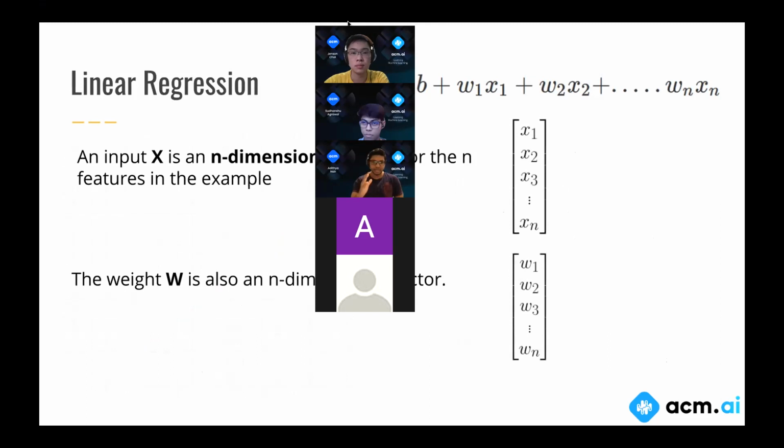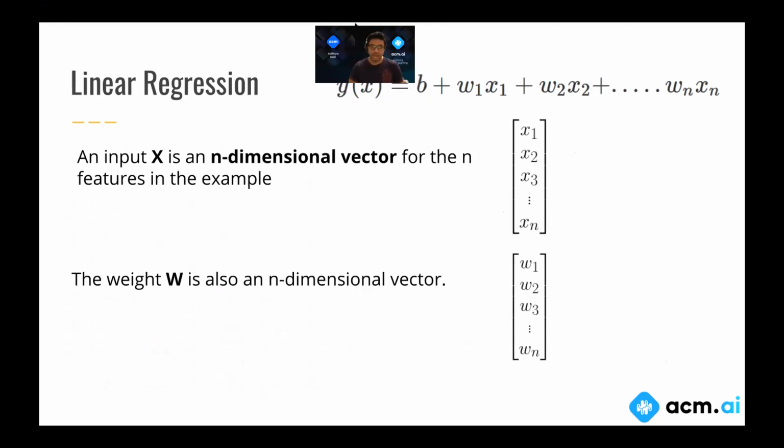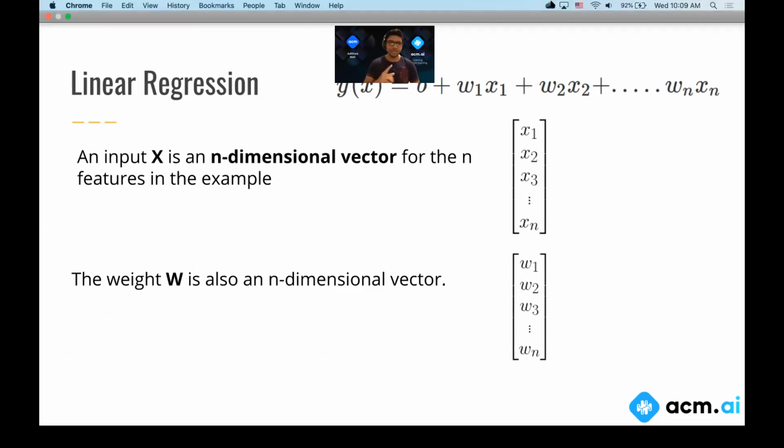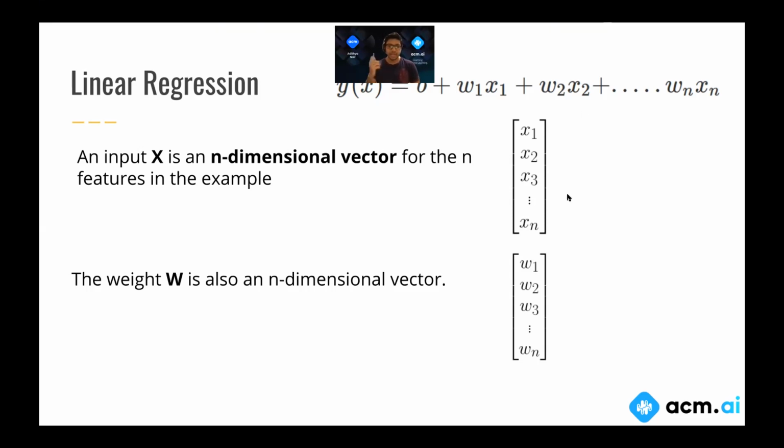The set of all inputs, x1 through xn, are usually contained within an n-dimensional vector, where n is the number of features in the example. If you don't remember what a feature is, it's a property of whatever we're trying to measure. Last week, we were dealing with housing prices, so features are the different aspects of houses that affect the housing price.